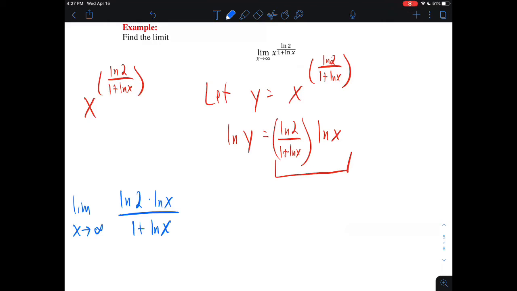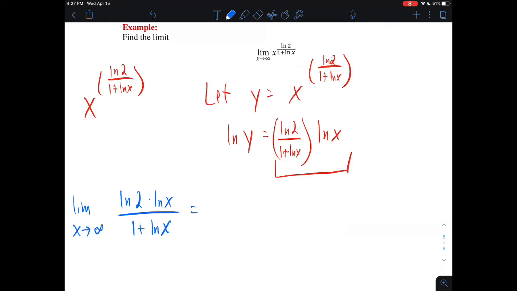Now I'm going to use L'Hopital's rule, because if you were to plug in infinity for x, you'd essentially get infinity over infinity, because the natural log function increases over its whole domain. It never really stops. It increases slowly, but it's always increasing.